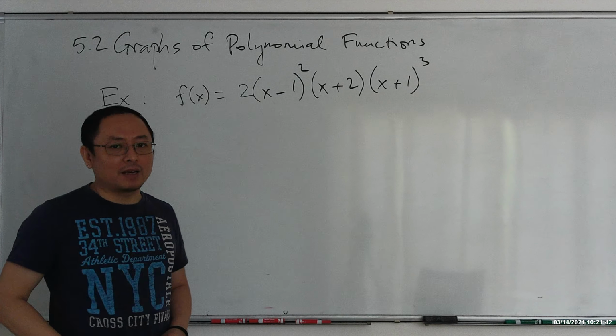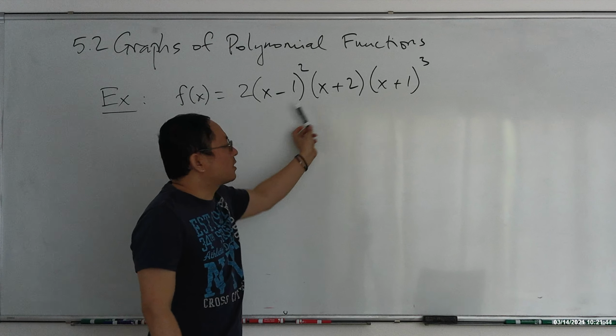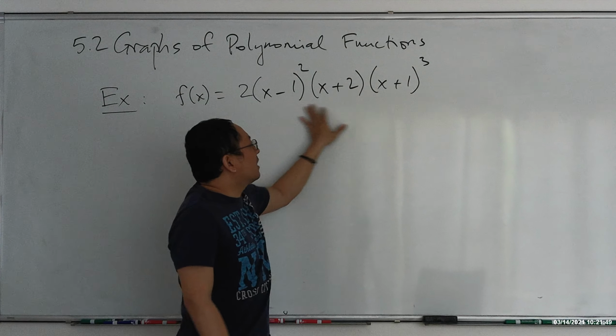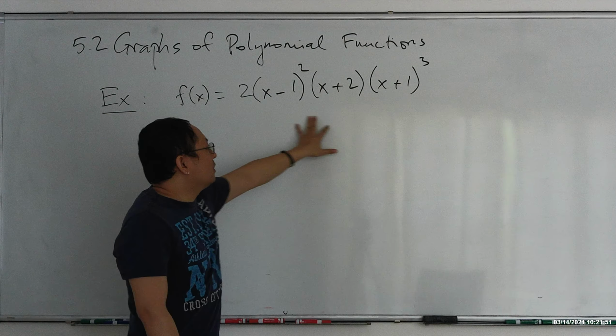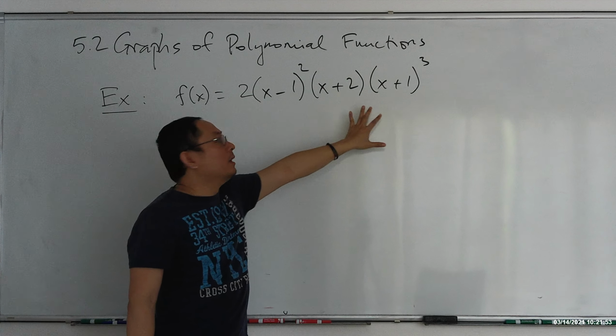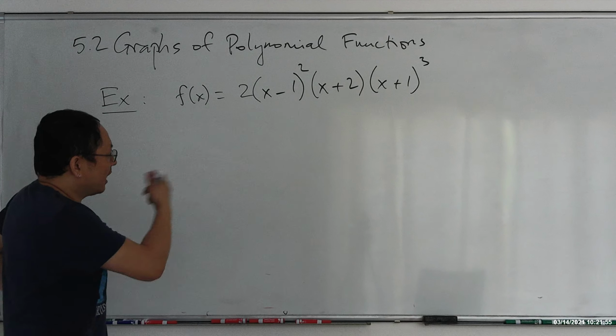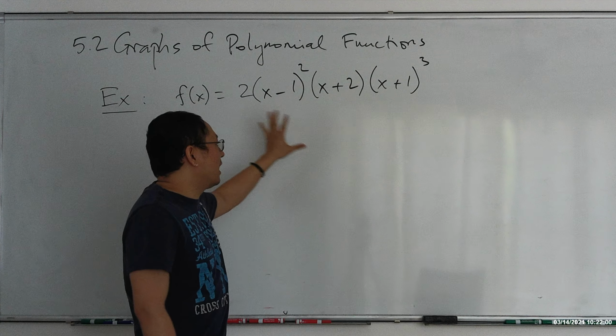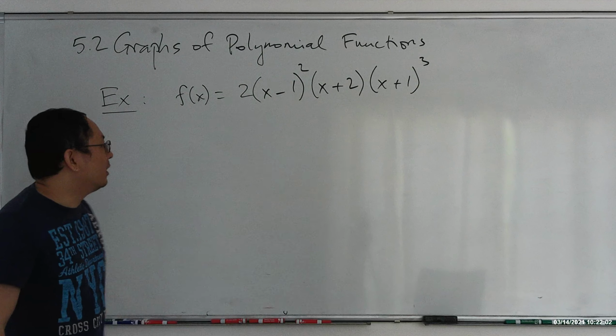You should start working straight from this type of polynomial. I show you the polynomial in the factored form. You should keep it this way, and we're gonna get information from here without multiplying everything out.